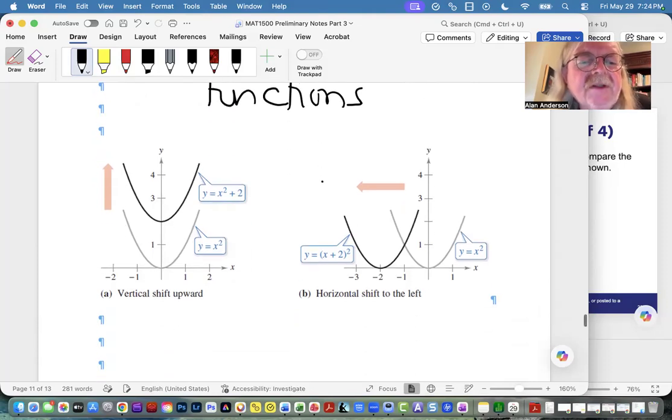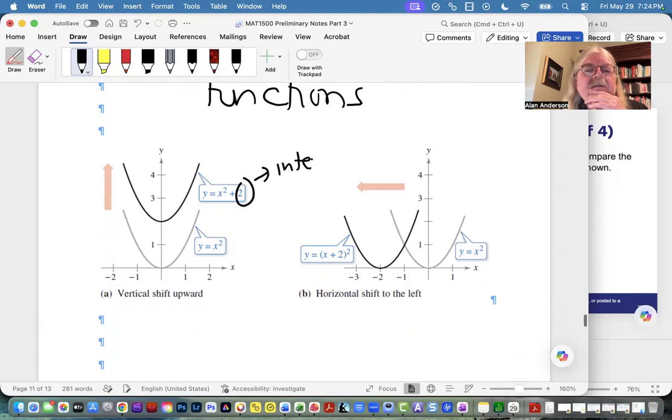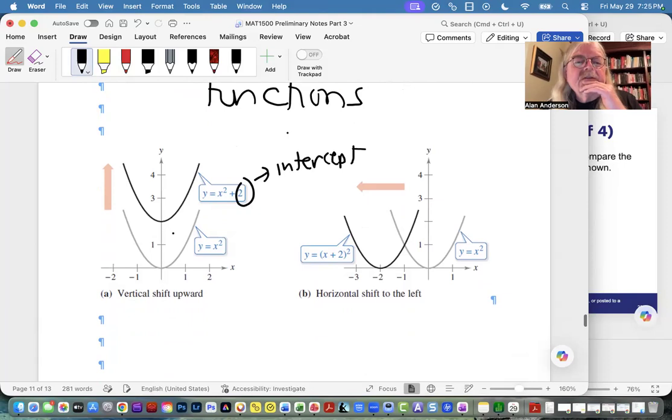So here, for example, the difference between y equals x squared and x squared plus 2, this is the intercept. So therefore, it shifts up by 2 units.